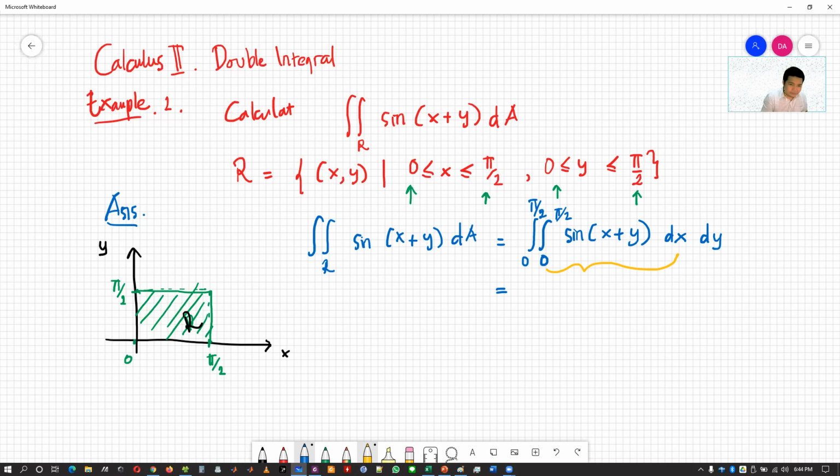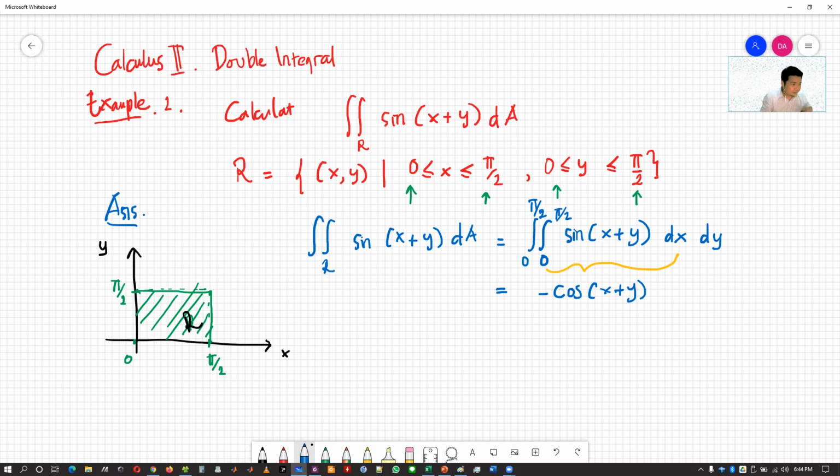So we integrate the sine here. The integral of sine is minus cosine, so this is minus cosine of x plus y.